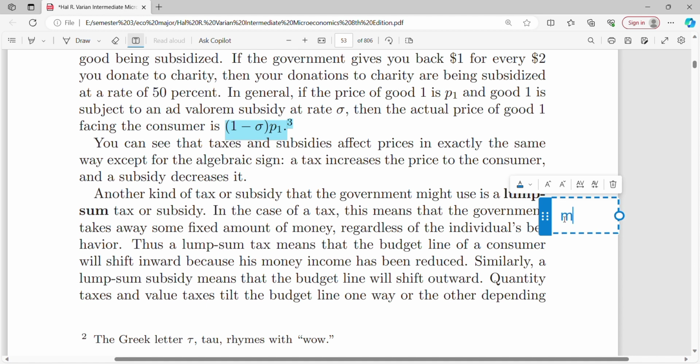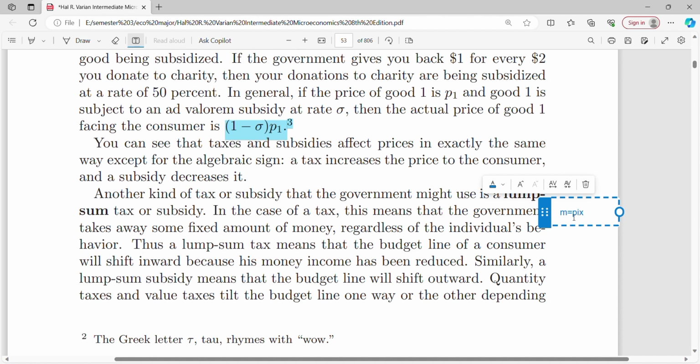So if M is the income, this is what a budget line looks like, right?